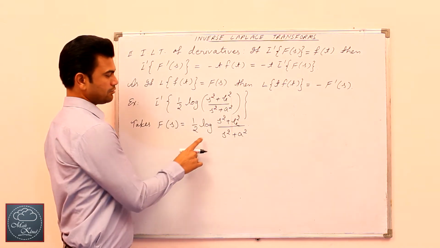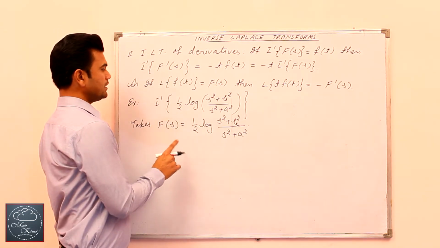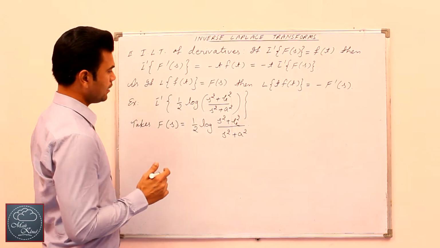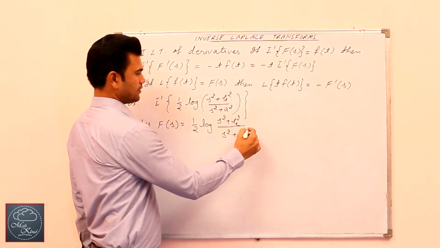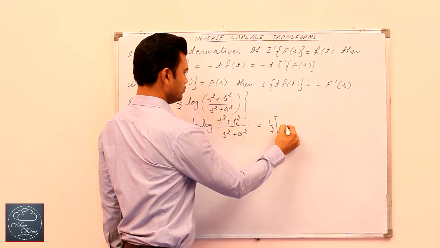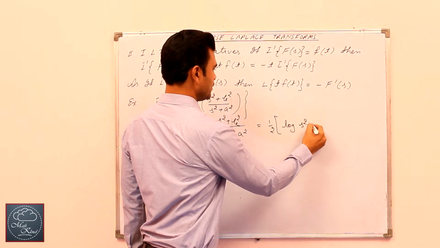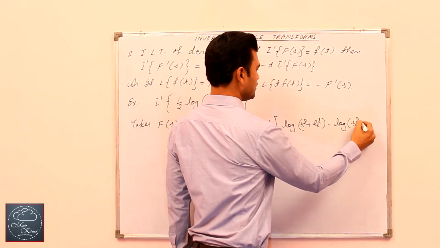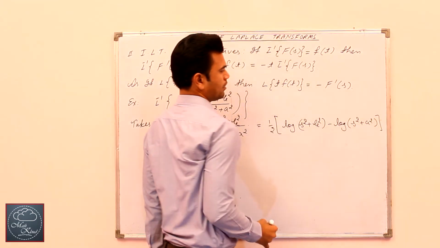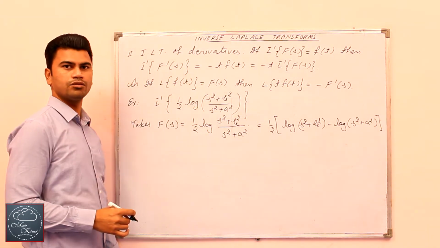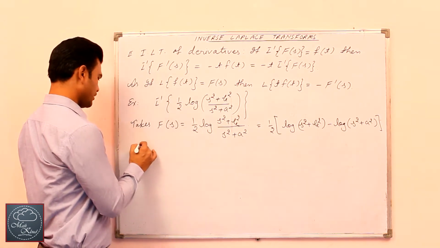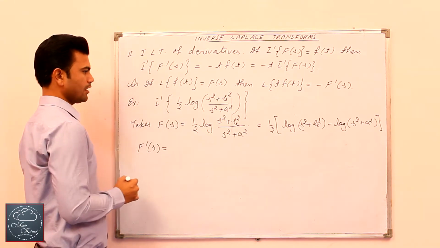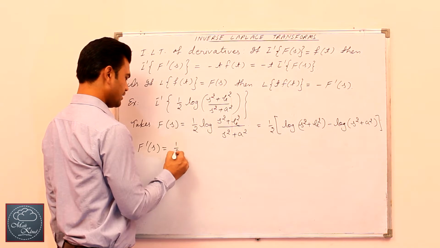And to get rid of this logarithm function, I will take the derivative of F(s) with respect to s. For that, you can write this as 1/2 into log of (s square plus b square) minus log of (s square plus a square). Now when you differentiate this function with respect to s, you get F dash(s), that is d/ds of F(s), and 1/2 is a scalar here.